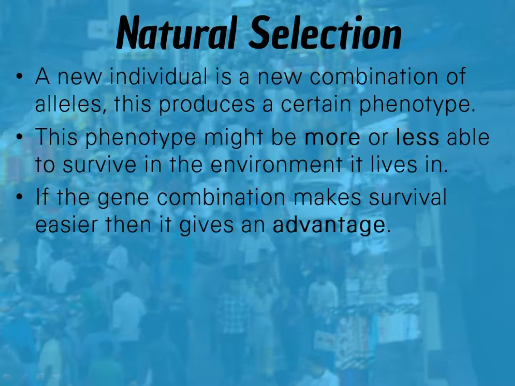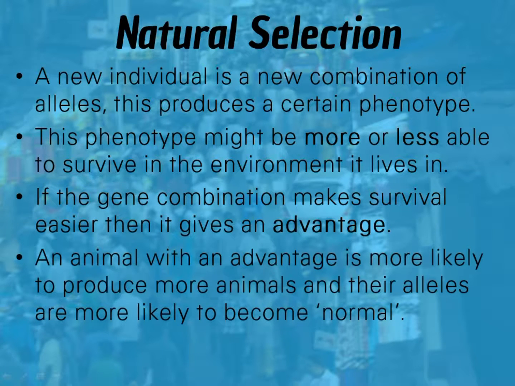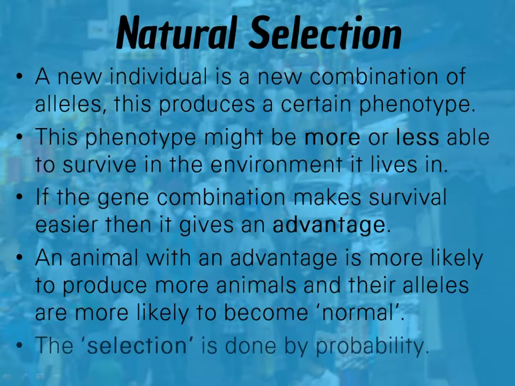If the gene combination makes it more able to survive, if it makes survival easier, then the new species has an advantage. And an animal with a survival advantage is much more likely to produce more offspring, and their alleles are more likely over time to become the normal for that species.